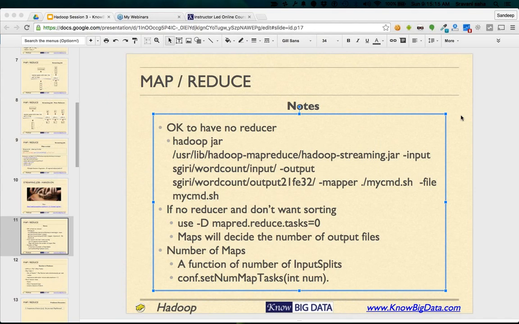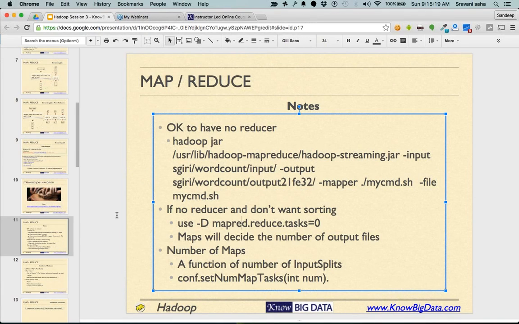So here are a few notes which we learned from the discussion. It's okay to have no reducer. You can have the -numReduceTasks 0 argument in the previous command.